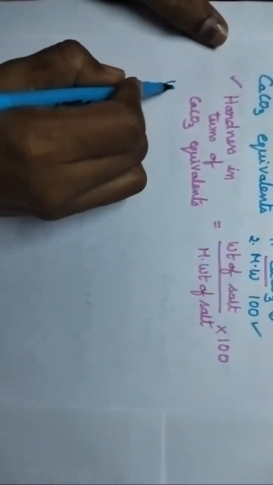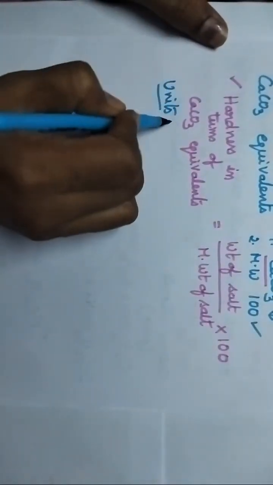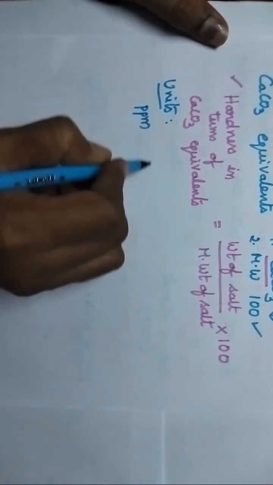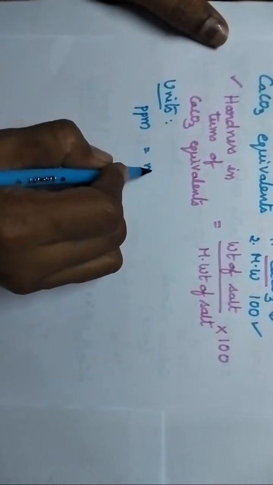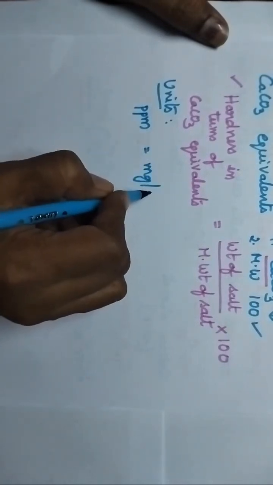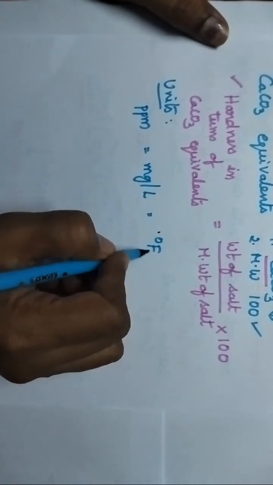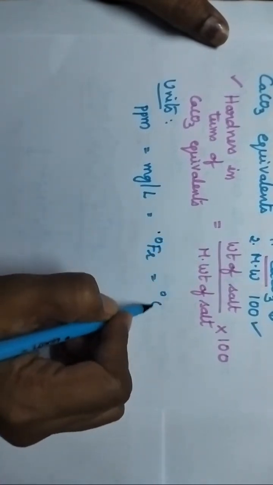Especially coming to the units, hardness can be expressed in terms of ppm or mg per liter or degree French or degree Clark.